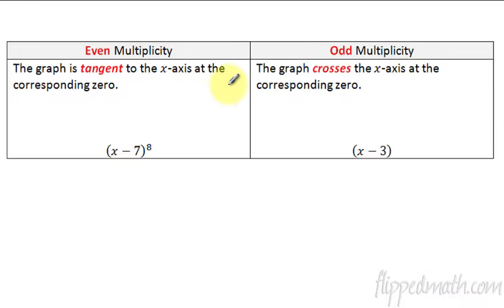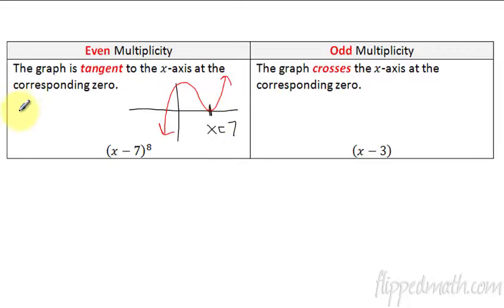So this is what the graph is going to do with multiplicity, even or odd multiplicity. Let me draw a quick little Cartesian plane, and with this we'll say out here is about where x equals 7. We'll say that one's x equals 7. And multiplicity being even means that the graph, I don't know what this graph is doing, something like this, but when it comes down here to x equals 7, it is tangent right here.